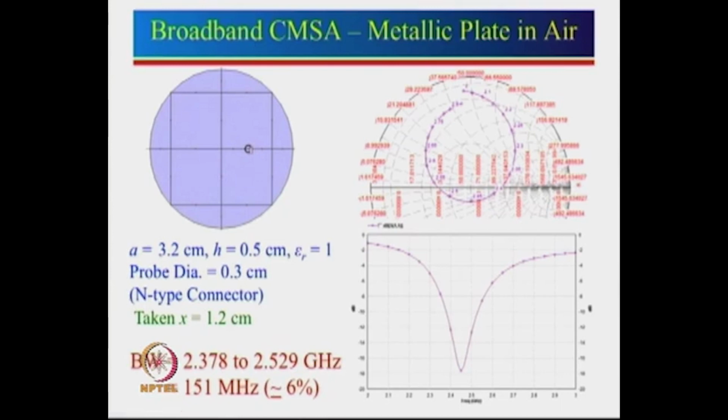So today we quickly looked at how to find the resonance frequency of a circular microstrip antenna, and then we looked at the current distribution for the fundamental TM11 mode, and then the higher order modes, TM21 mode as well as TM02 mode. We also saw that for the fundamental mode, radiation is in the broadside direction, and for TM21 mode, radiation is in the conical direction.